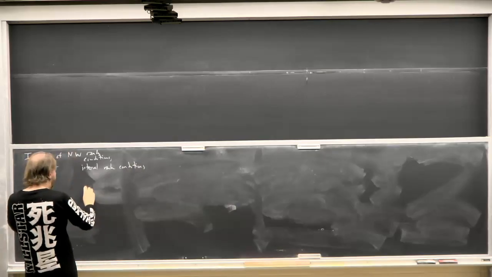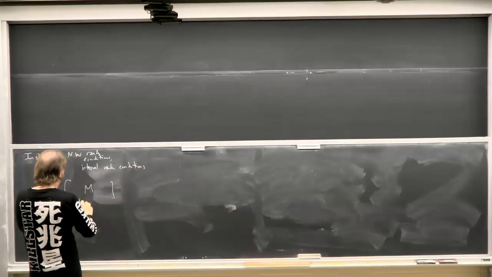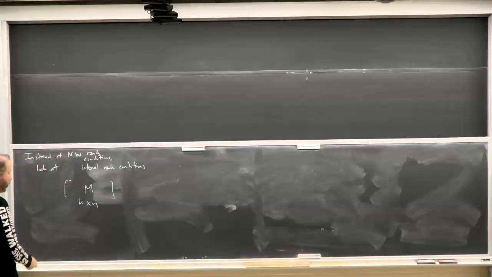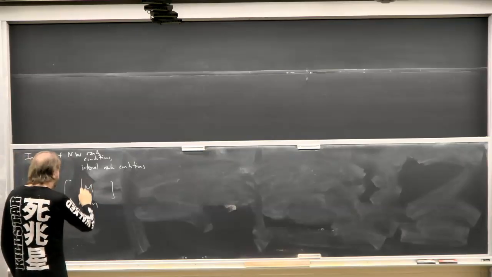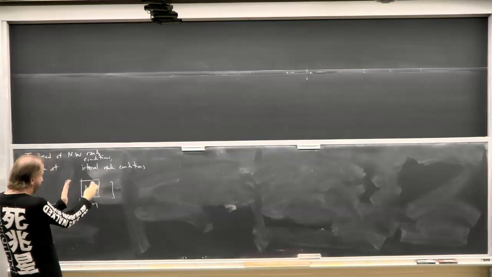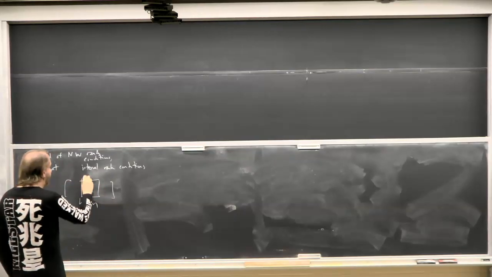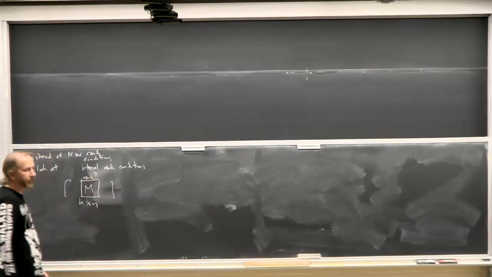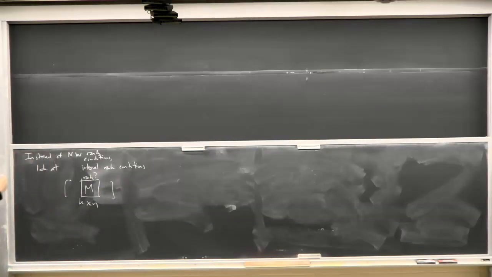So the idea is I'm going to have some k by n matrix, and I'm going to look at intervals of columns. And I'm going to ask for what's the rank of this interval. So for every interval of columns, I can associate the rank. If you expand your interval to the left or to the right, the rank could stay the same or it could go up by 1.